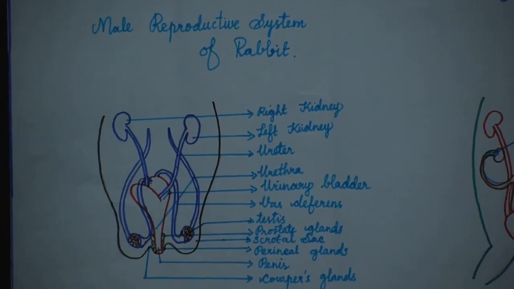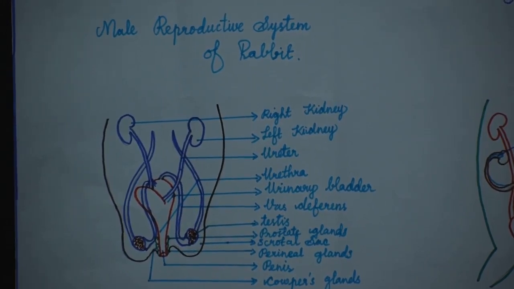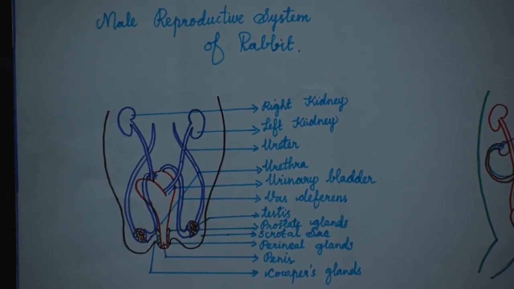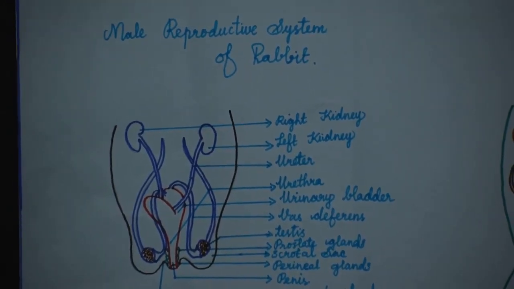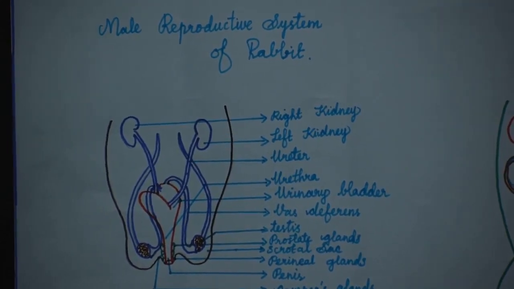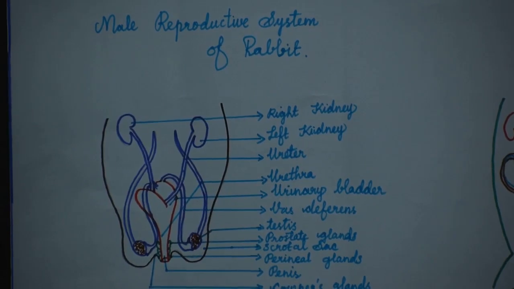Now let us learn about urinogenital system. Urinogenital system includes 2 systems, urinary system and genital system. Urinary system means excretory system. Genital system means reproductive system. Already you have learned about the excretory system in the smaller classes.